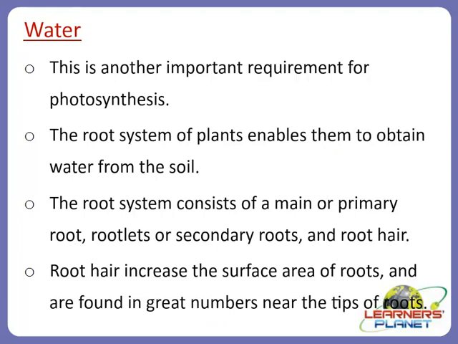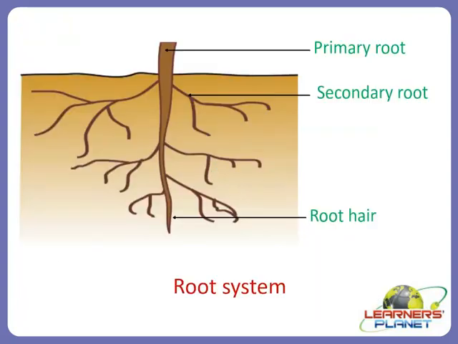So let us see one such picture in which we can show the primary root, secondary root and root hairs. This is one such picture of a root system. This is the primary root, which is actually present just beneath the shoot system. Then this is the secondary root, that means the root which branches out, and the root hairs.